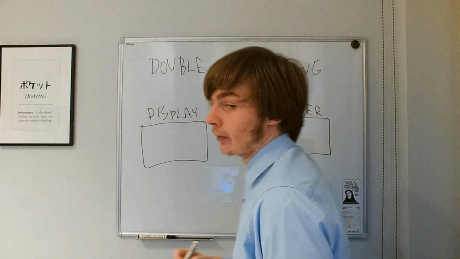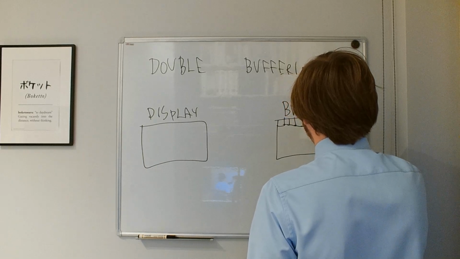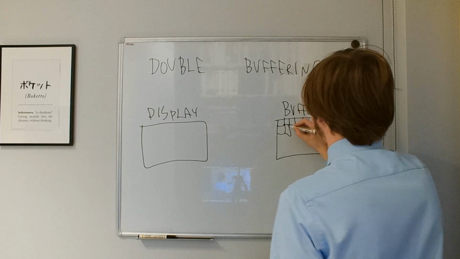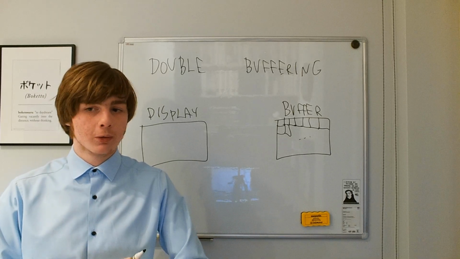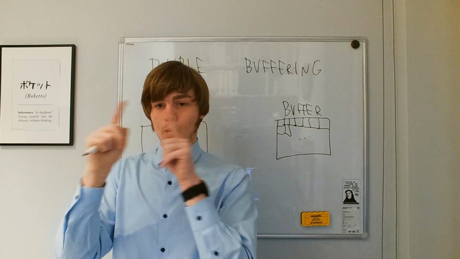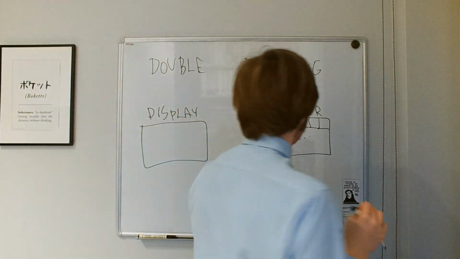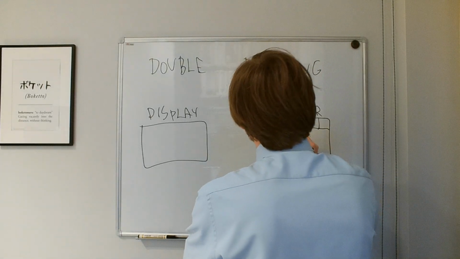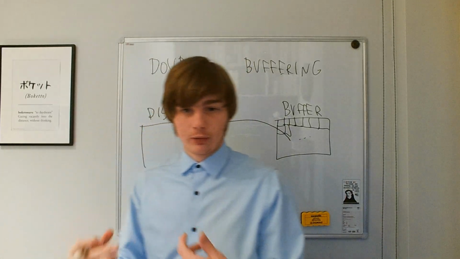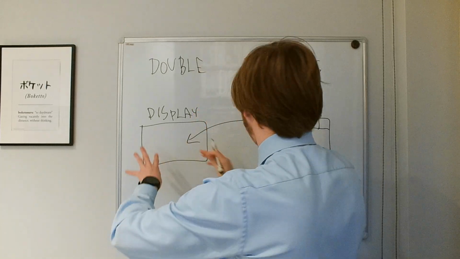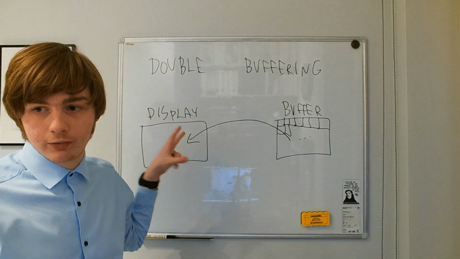I'm going to only put the pixels that I calculate inside my buffer. And only once the buffer is fully complete, once I have to perform no calculations, just pure copying over each value from the buffer to the display, that's when I'm going to do it. So once my buffer is complete, I'm going to copy all the values from my buffer to the actual display. And then the display contains all those values, and I'm not going to write any new pixels onto the display.